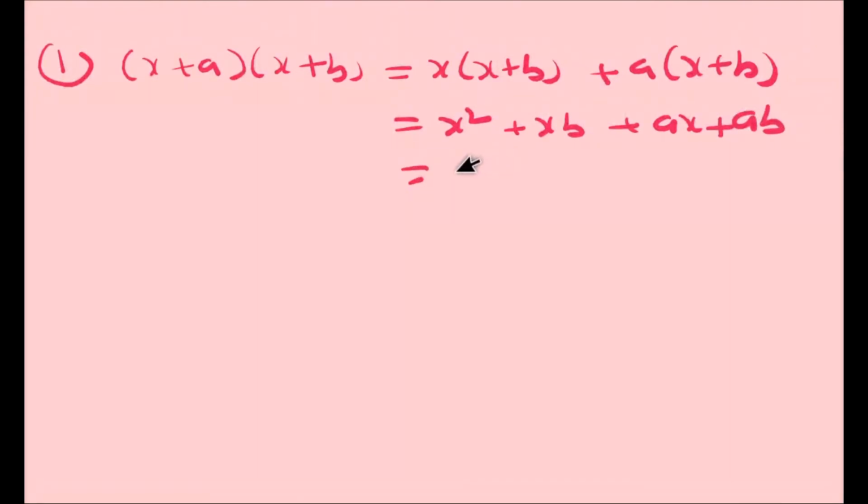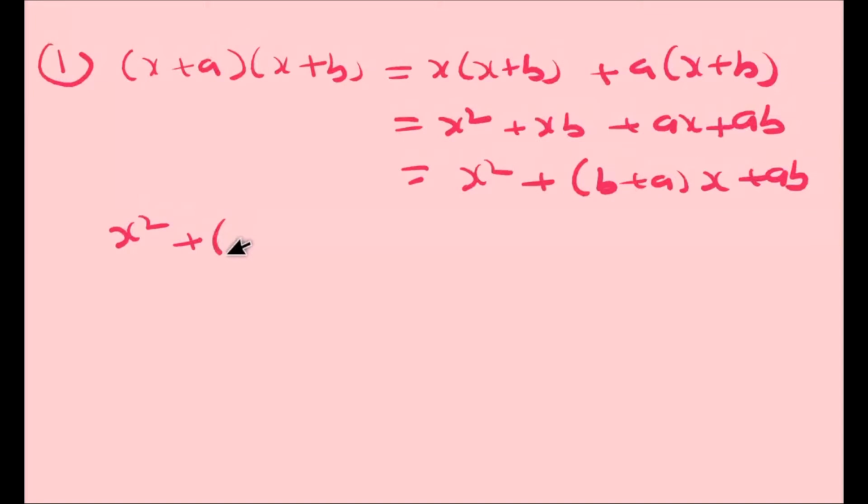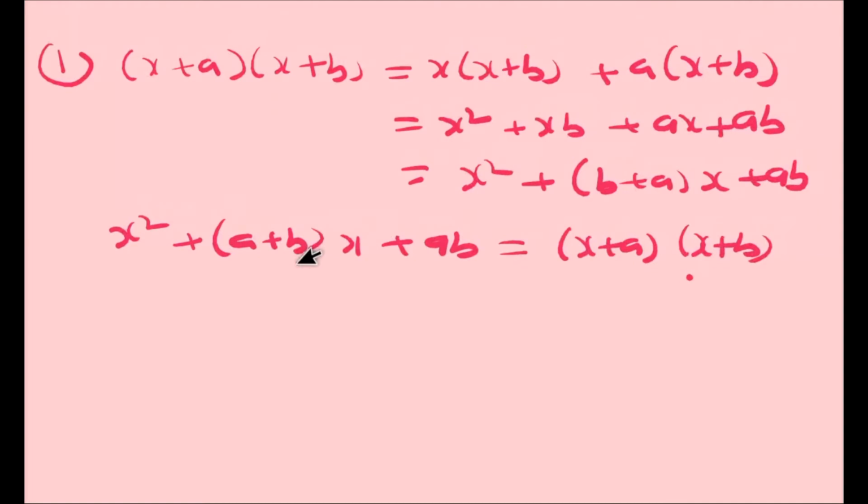Taking x common, we get x square plus b plus a into x plus ab. So we can say x square plus a plus b, x plus ab directly in factor form can be written as x plus a, x plus b.